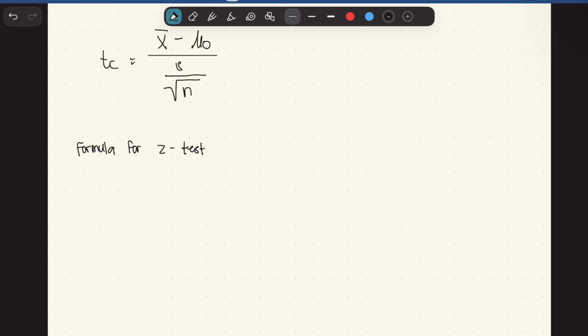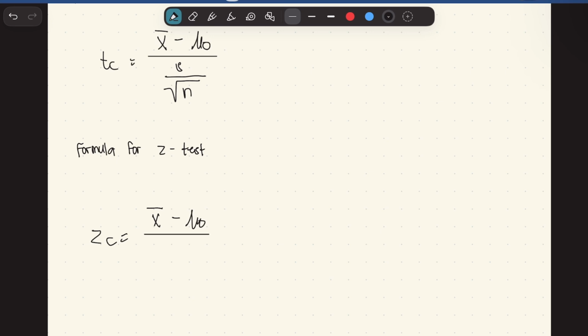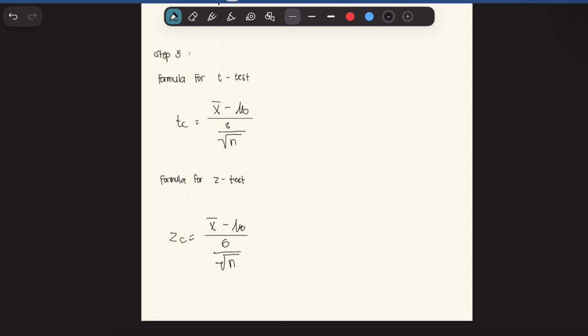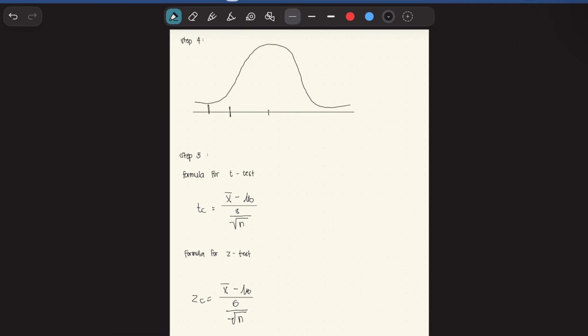While for Z-test is Zc equals computed mean minus hypothesis mean all over population standard deviation over square root of sample size. After natin makuha ang computed value, pwede natin siya i-compare sa ating critical value.